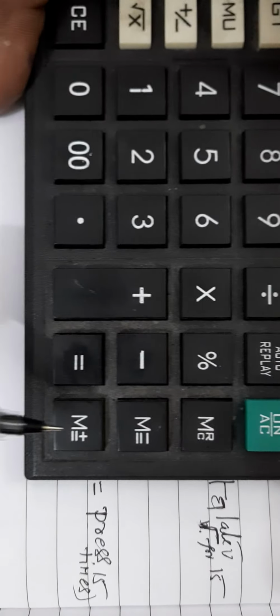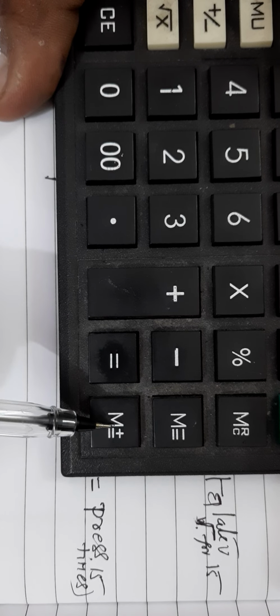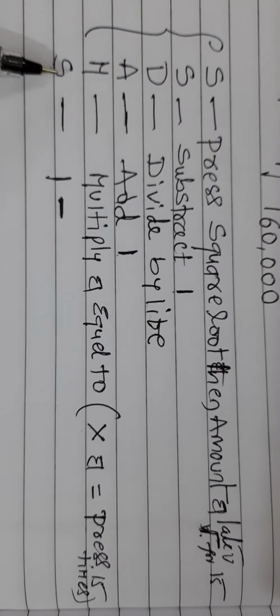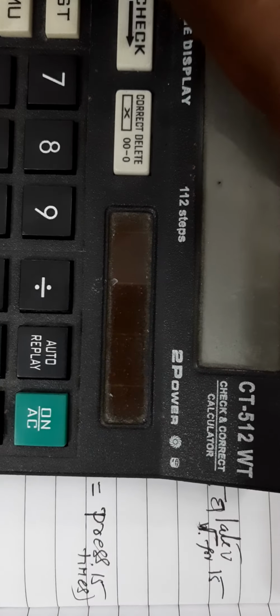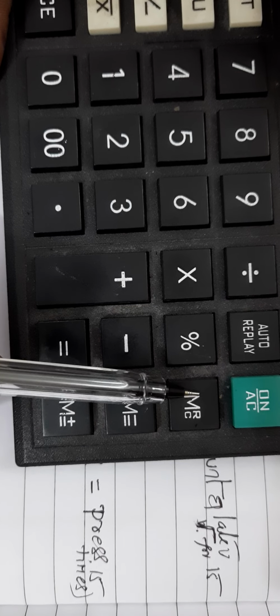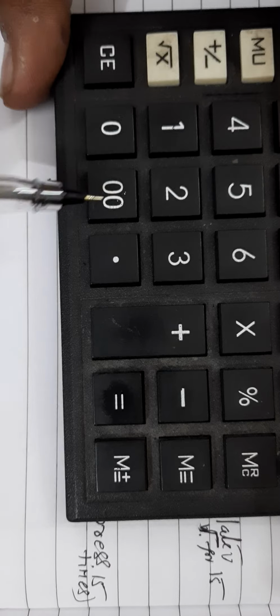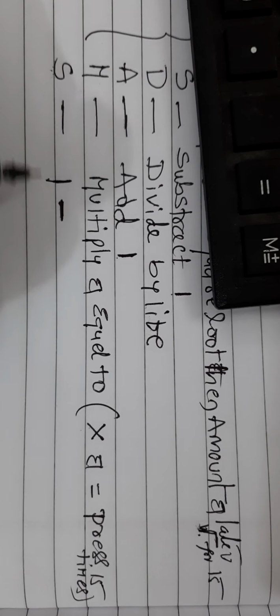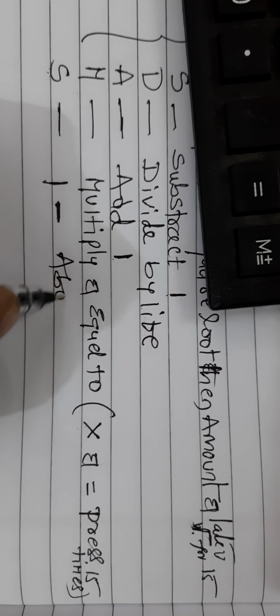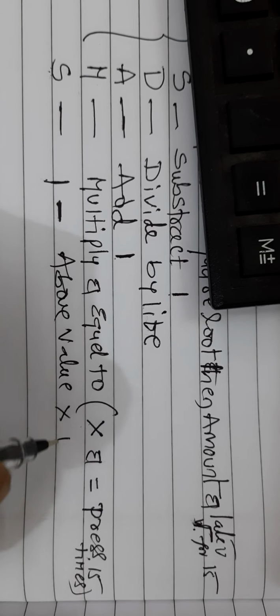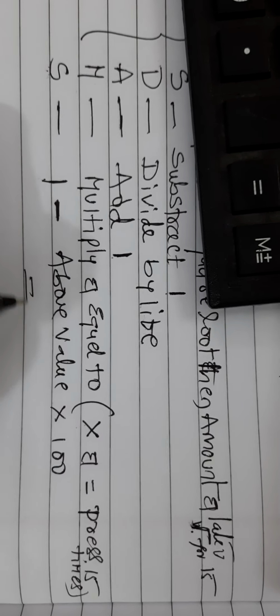First M plus, memory stored. Next, for this rate, 1 minus this MRC, into 100. Then you will get the answer.